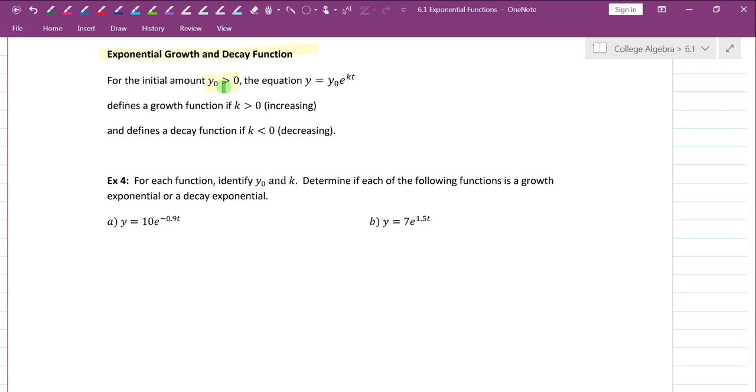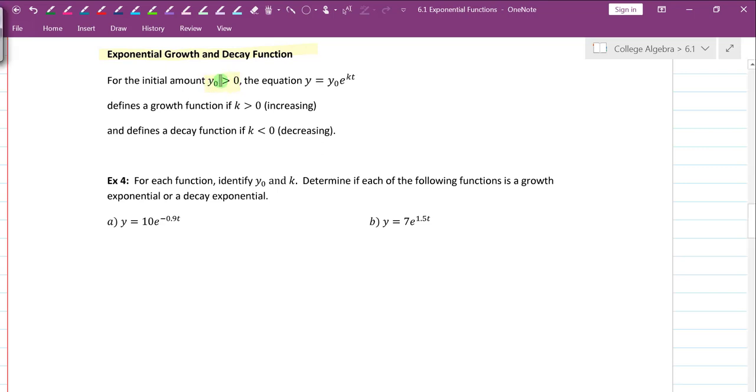We can't invest nothing, and we can't invest a negative number. And if we're looking at the kill ratio of bacteria, if we don't have any bacteria to begin with, we can't kill it, so we can't have a decay. So obviously y naught has to be greater than 0.